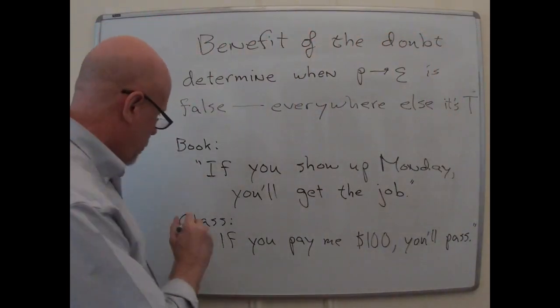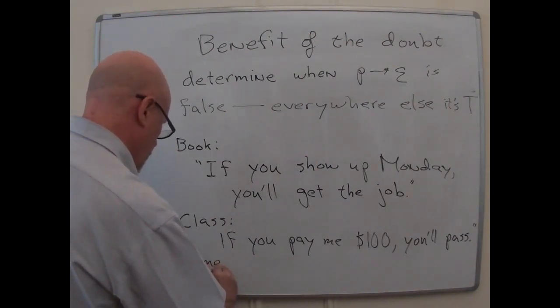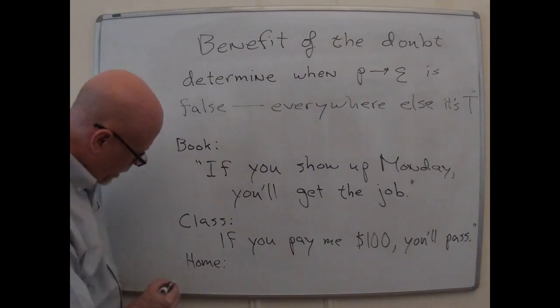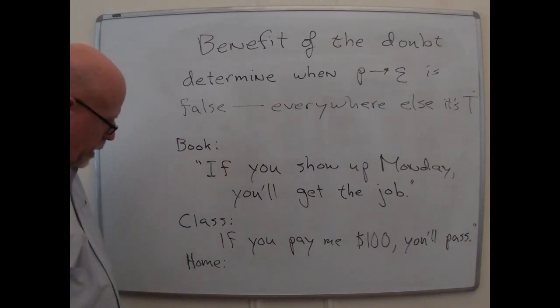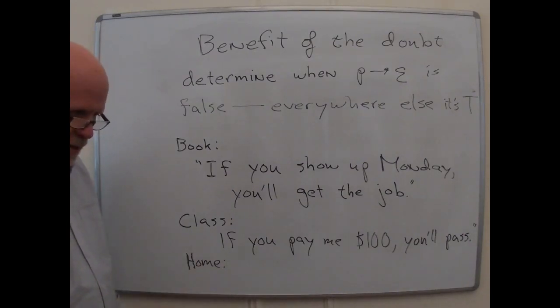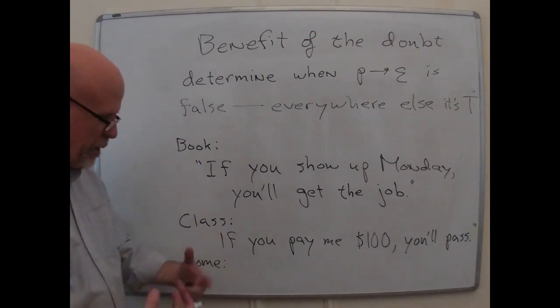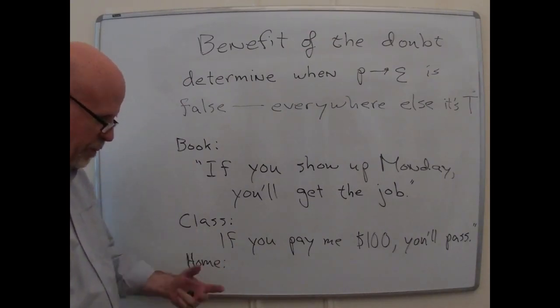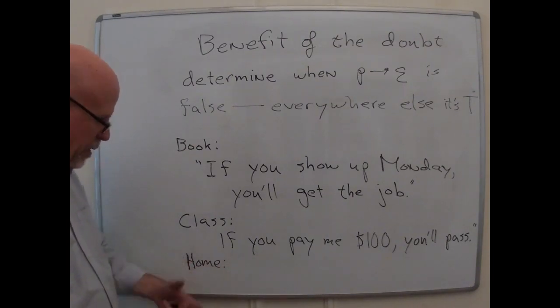My last example is from your home life, and you have to imagine yourself as a younger child for this one, because I think this largely doesn't apply to people in their late teens and early 20s. But a young kid, there's often a parental desire to get them to finish their food because you bought the food and it's good for them and you want them to eat it, and they don't like certain things.